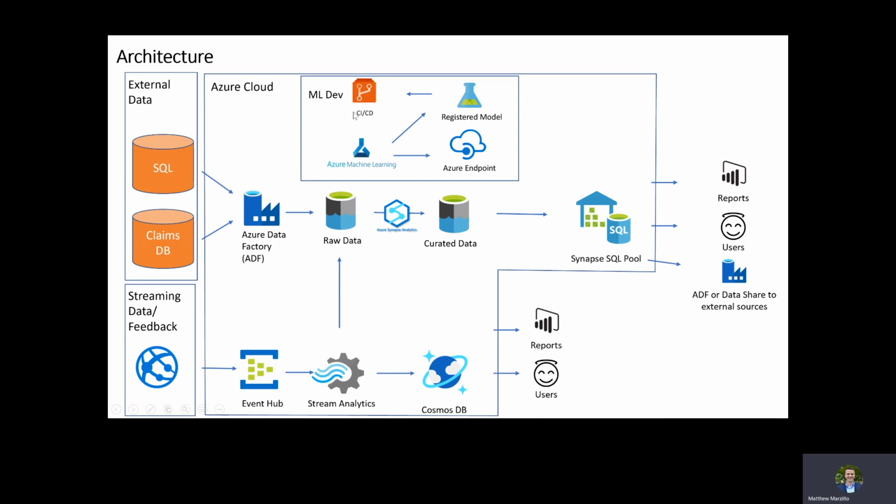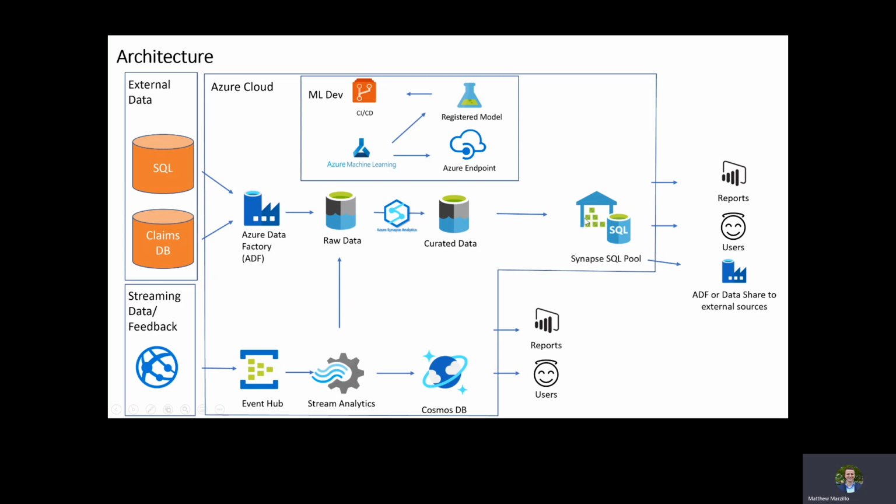And then you can also use a CI/CD tool like GitHub or Azure DevOps to push the model to an endpoint. And then the similar production workflow where it's leveraging Data Factory to raw, using Synapse to generate curated data that's probably accessing this endpoint and then dropping it into Synapse SQL Pool.